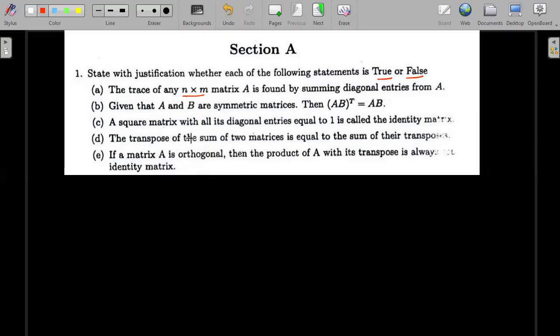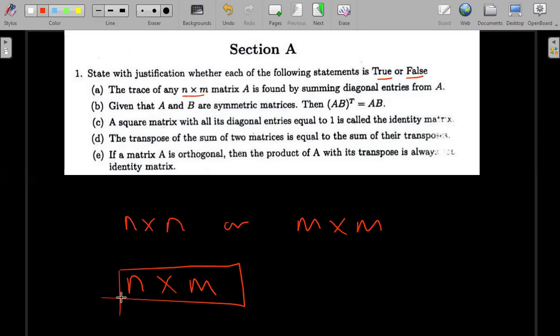The trace of a matrix is only defined for a square matrix. So the order of that matrix should be n times n, or m times m. In short, the order should give us a square matrix. The moment you have n multiplied by m, the number of rows and the number of columns are not equal, so this is not a square matrix.